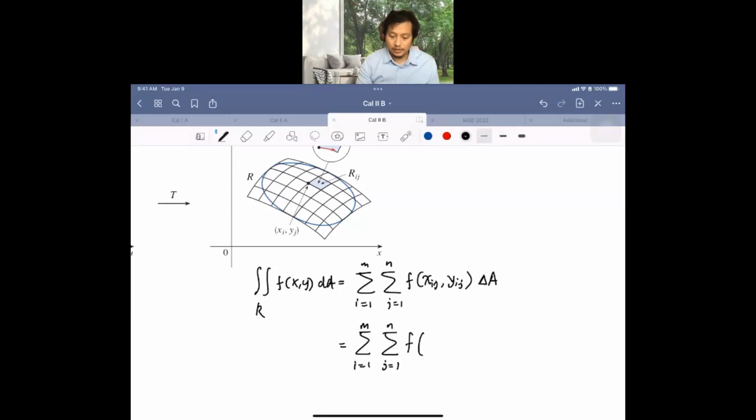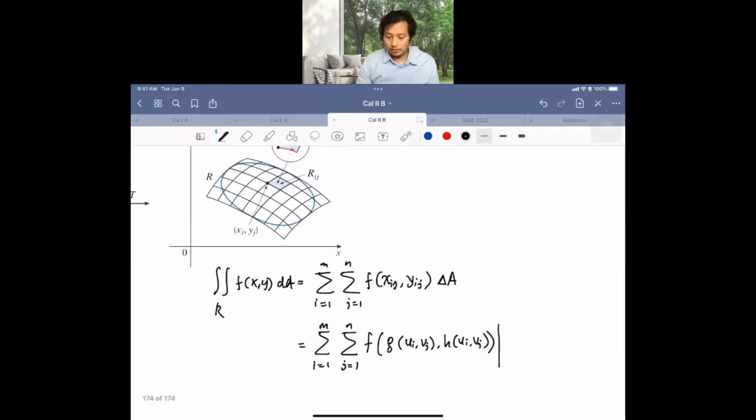So f becomes f of g(u_i, v_j), h(u_i, v_j), and then delta A will have the Jacobian, and then delta u, delta v.